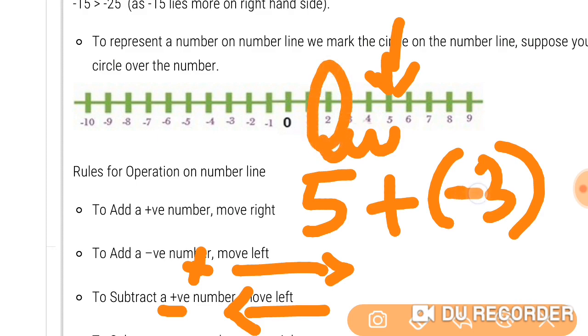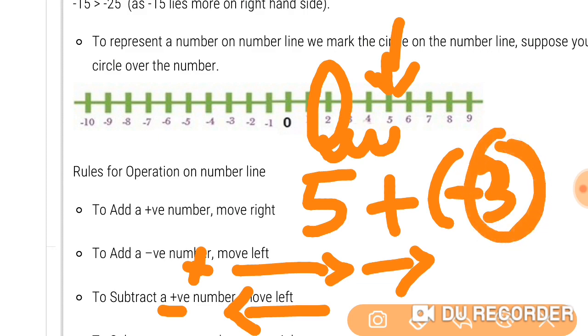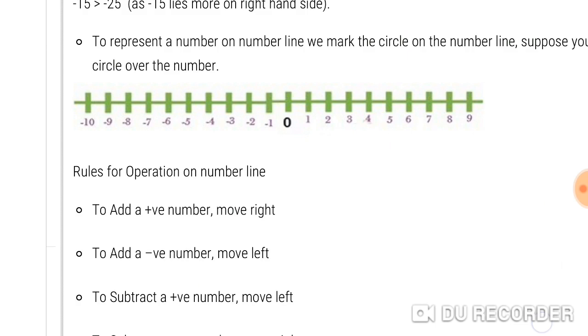The minus indicates left or right, keep it in mind. It indicates how many steps we have to go left or right. So 3 it was, that's why 3 times I went. So the answer becomes 2 here. Clear?